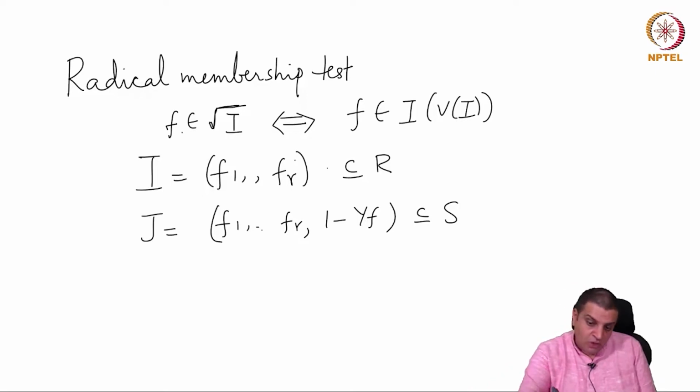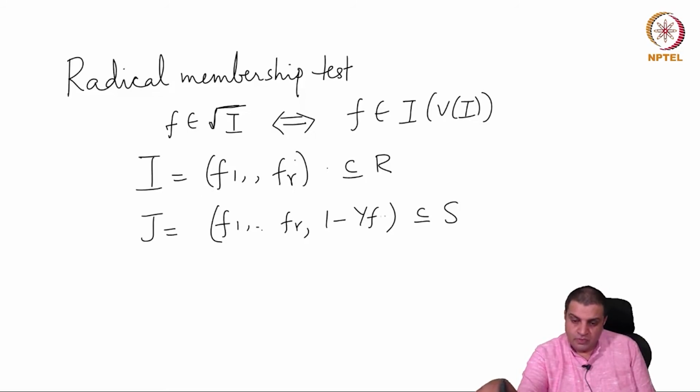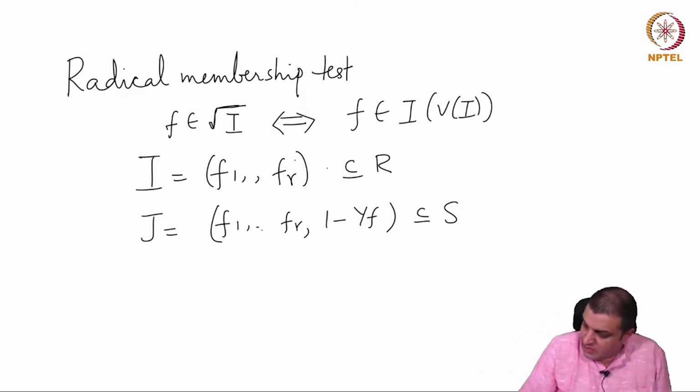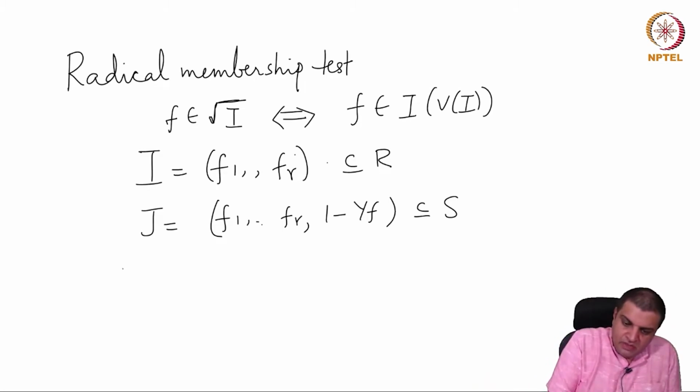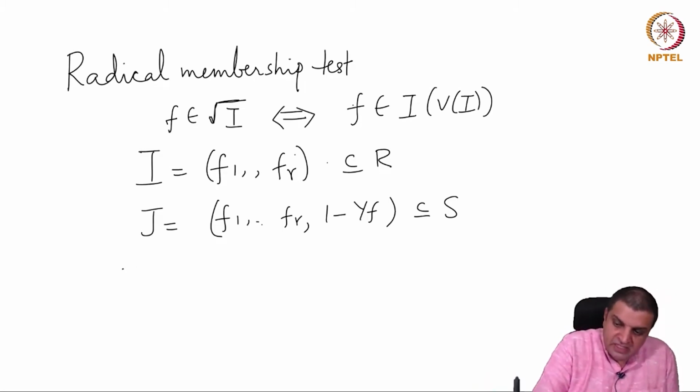If f does not vanish at some point where the fi's vanish, then this has a solution. Let me write down what I just said. If f vanishes everywhere where the fi's vanish, then f is in the radical.